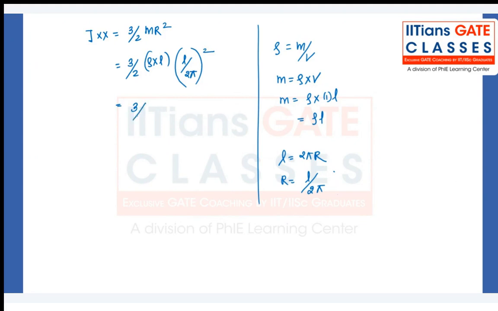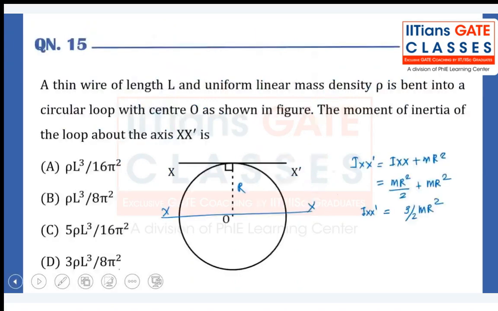It will be like 3 by 8 rho L cube by pi square. So it's 3 rho L cube by 8 pi square. Looking into the options, D is correct in this case.